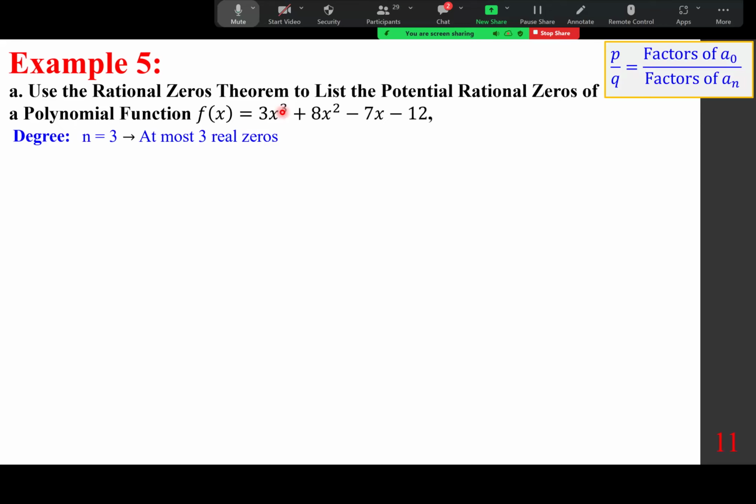Not necessarily real, but rather 3 zeros. It's really a complex zero, I would say. So 3 zeros.